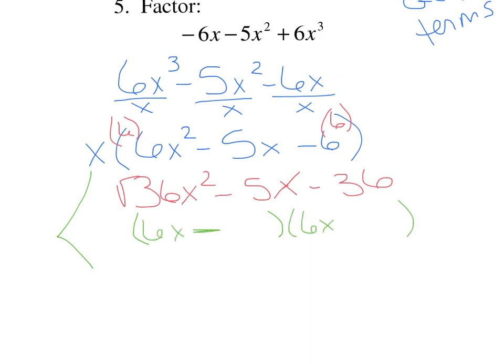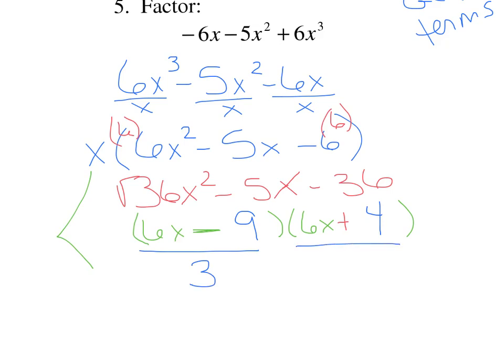Bring the first sign down. Multiply the 2 signs. So negative times negative makes positive. So we're subtracting because we have different signs. So factors of 36 that subtract to make 5 will be 9 and 4. Then you have to divide by the common factor.